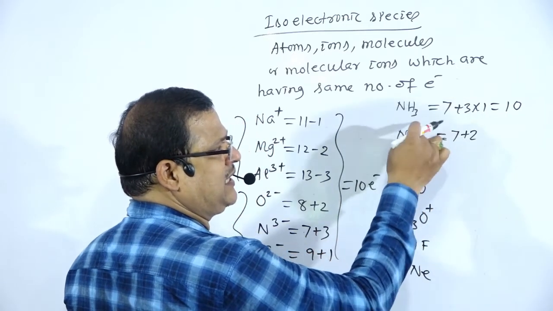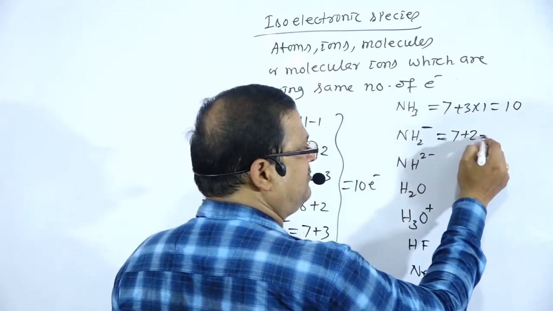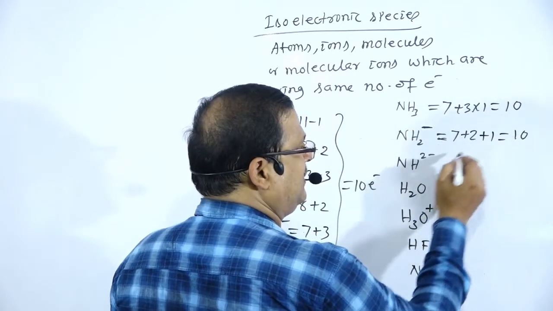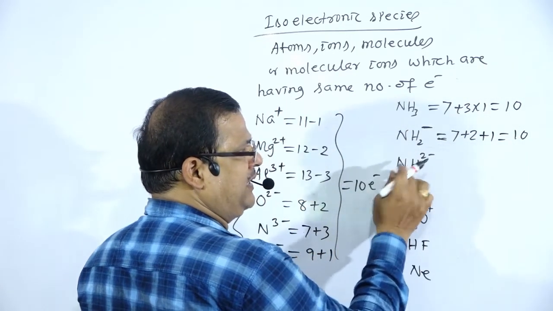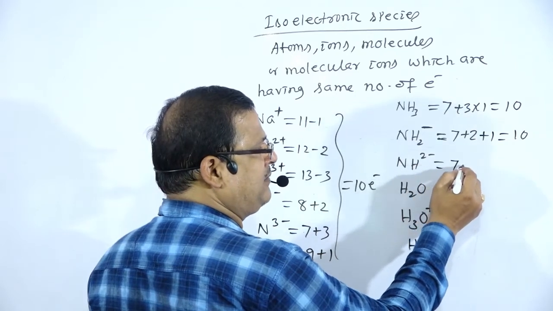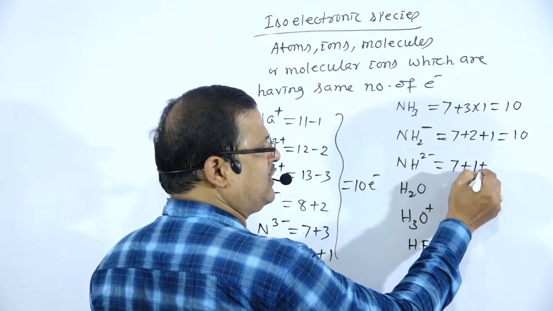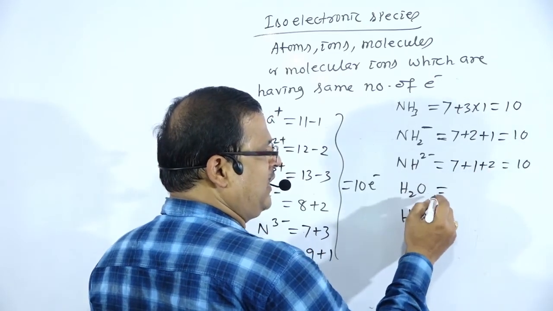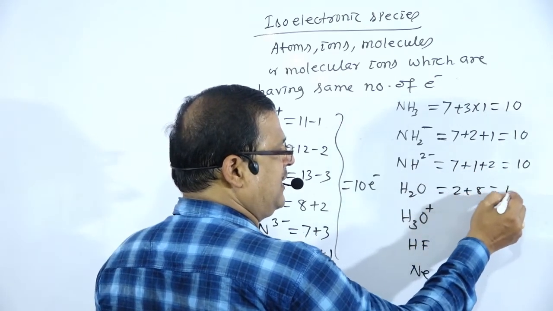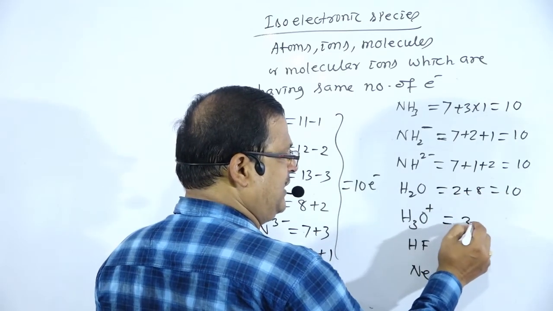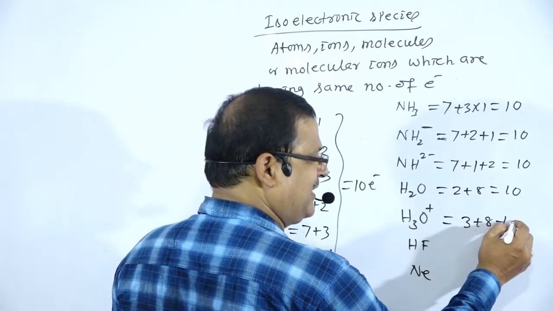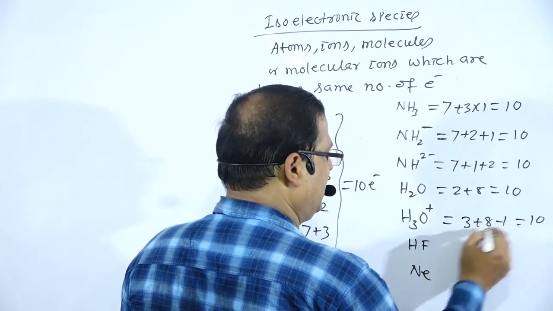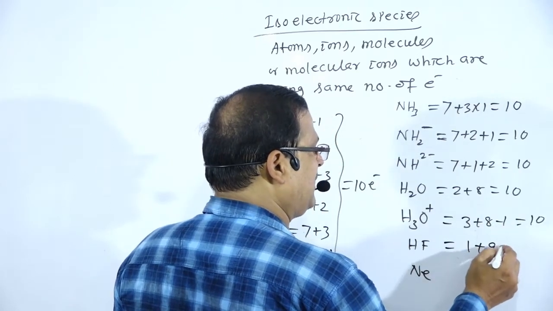Negative charge means it has gained 1 electron, plus 1, that is 10. Imide, nitrogen 7 plus hydrogen 1 plus 2 electrons gained, that is 10. Water, 2 plus 8, that is 10. Hydronium, 3 plus 8 minus 1, that is 10. HF, 1 plus 9, that is 10.